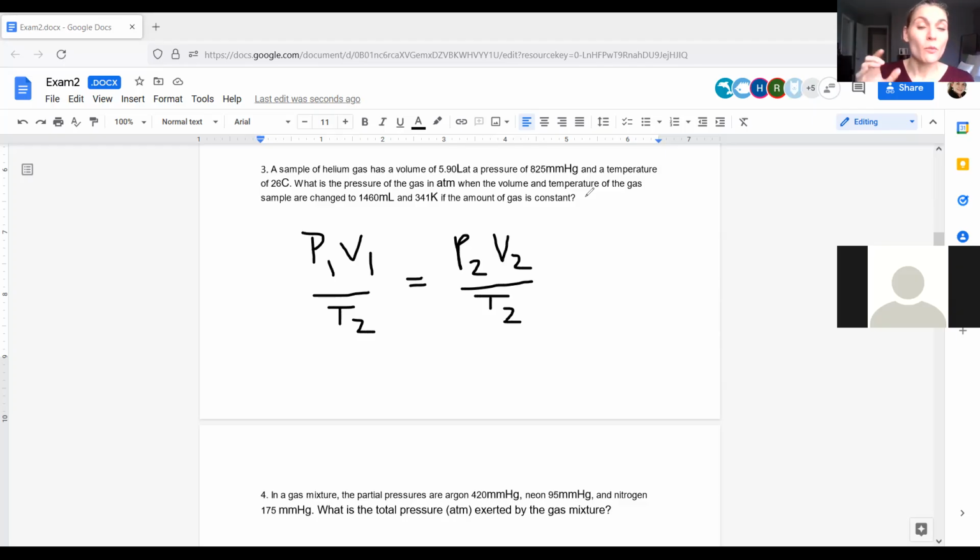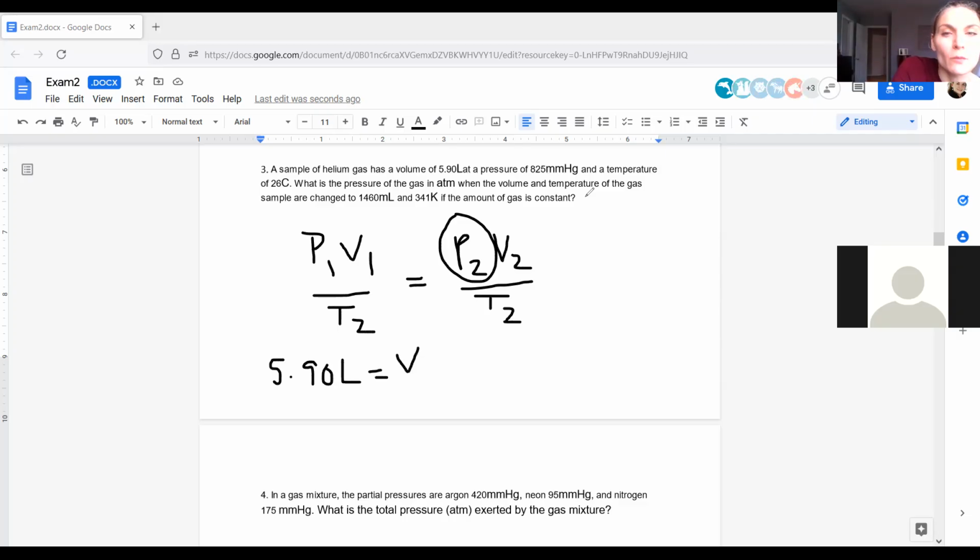Now, what we're solving for is P2. We have 5.90 liters for V1 and 825 millimeters of mercury for P1. We automatically have to convert that because we want our unit in ATM. So we're going to have to do some conversion here.